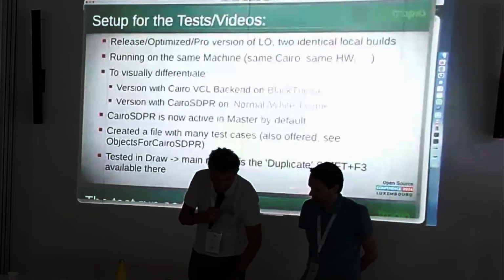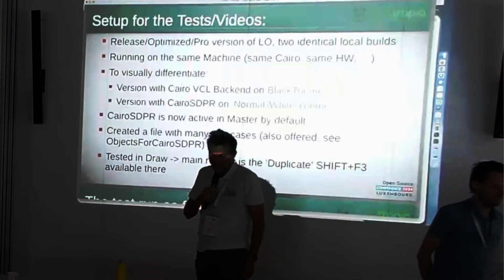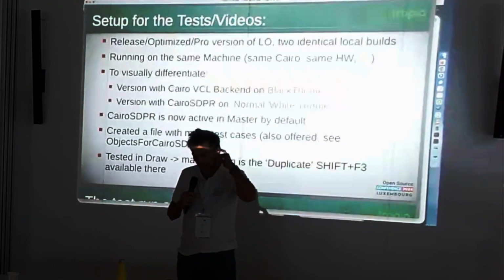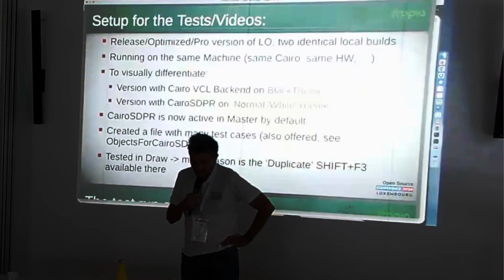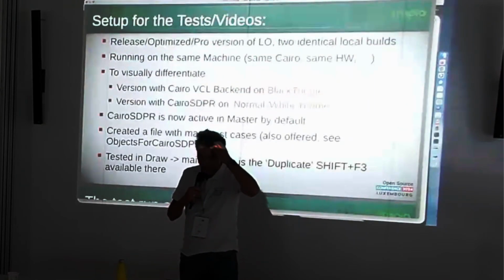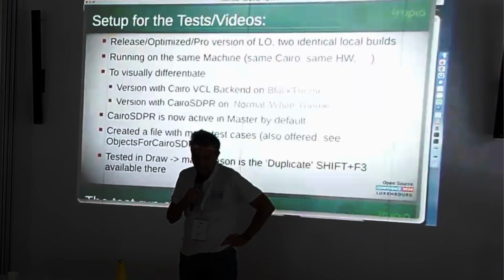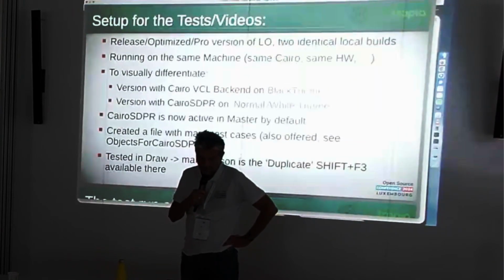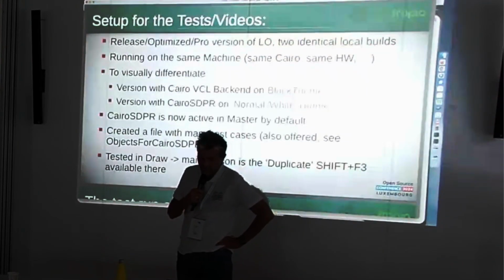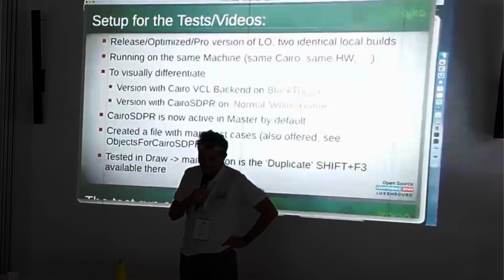So set up for the test, I just used 2 identical pro versions of LibreOffice, running on the same machine, so using the same Cairo, same hardware, exactly the same version. So everything is identical except that one is using the Cairo VCL backend and the other the new CairoSDPR.